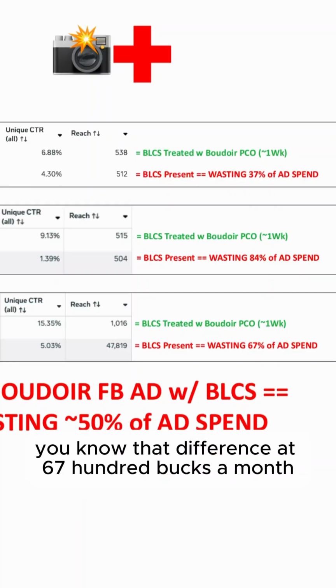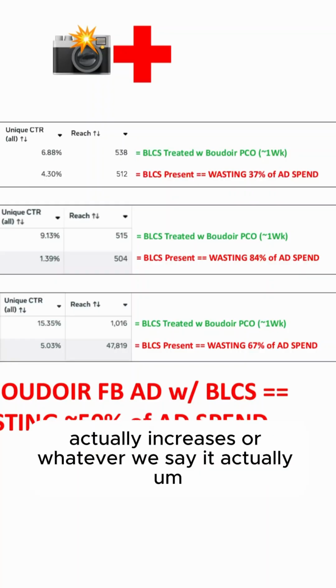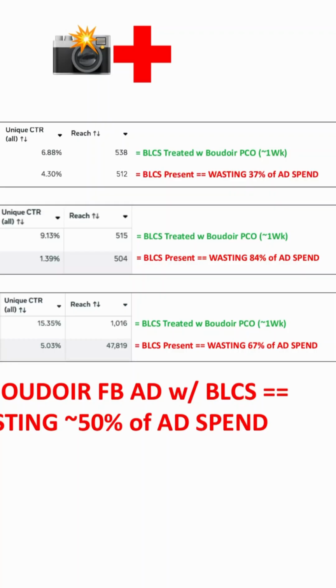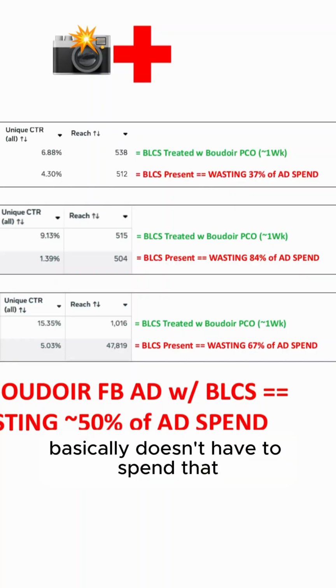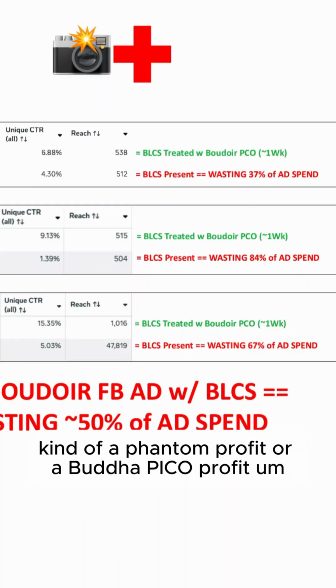And that difference, 6,700 bucks a month, he doesn't have to spend, he just simply pockets it, kind of a phantom profit or a Boudoir Pico profit.